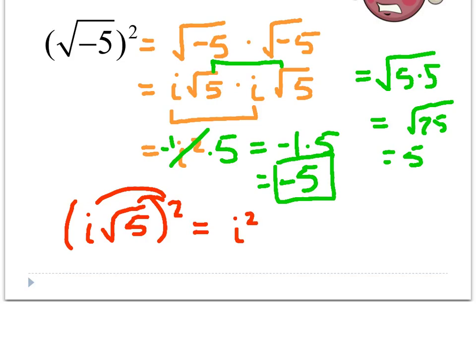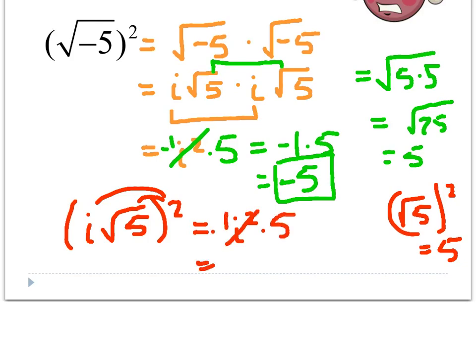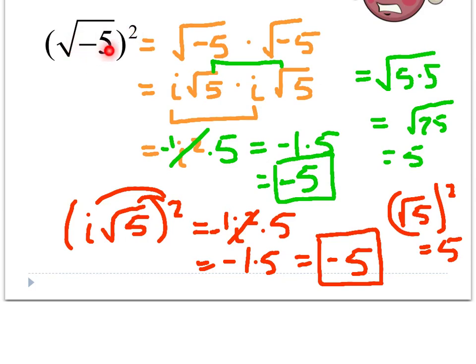So that's i squared. Now remember, square root of 5 squared is just 5. Okay, we touched on that before. And then i squared again is negative 1. So that's negative 1 times 5. So again, I get negative 5. So you could do it multiple ways. I just want you to see that just because I'm taking the square of a negative number, it does not become positive because it's underneath the radical.